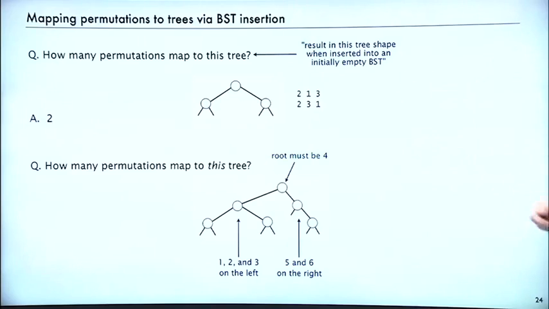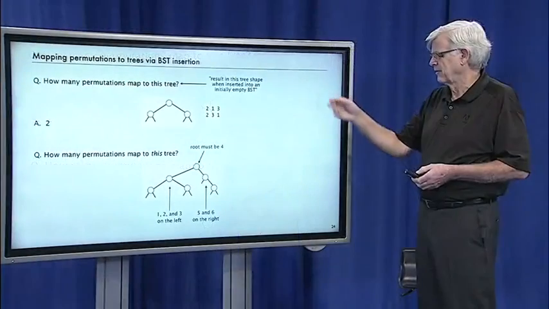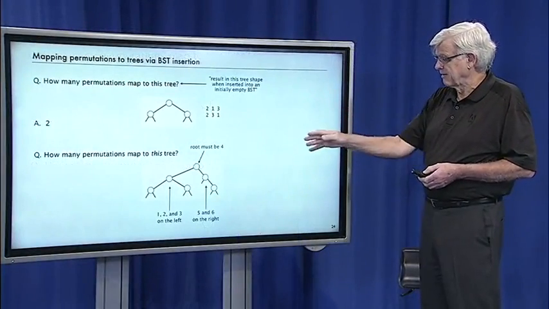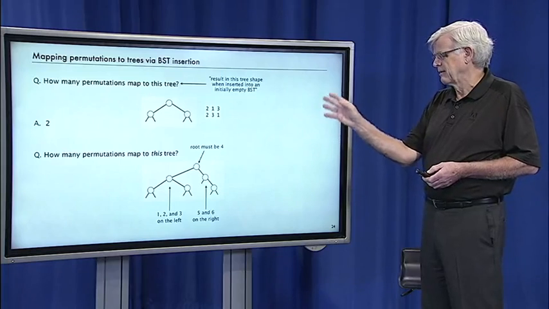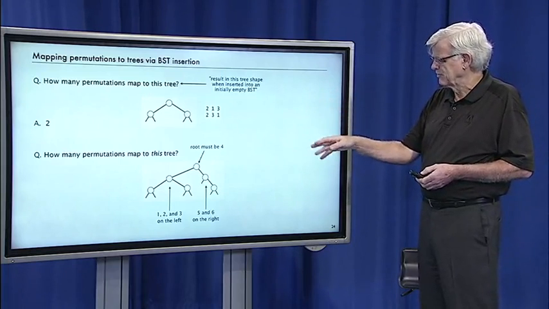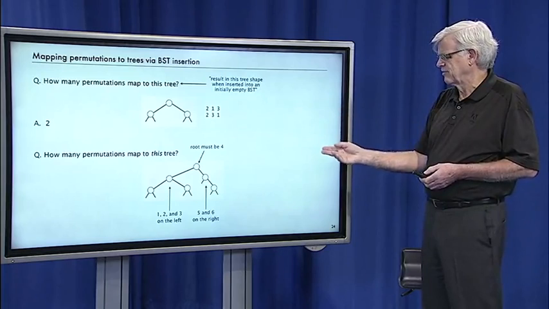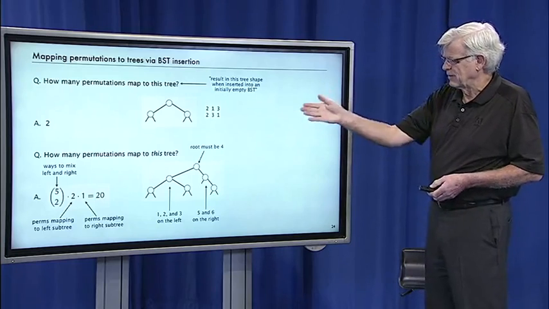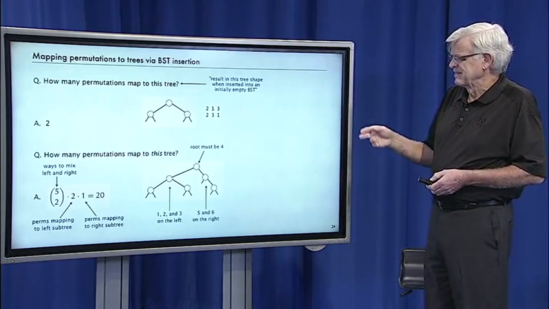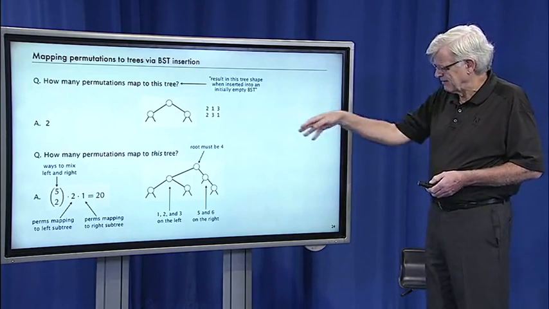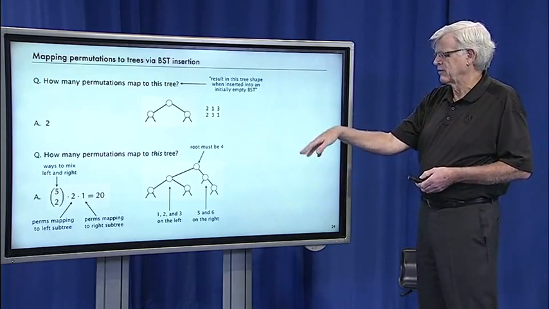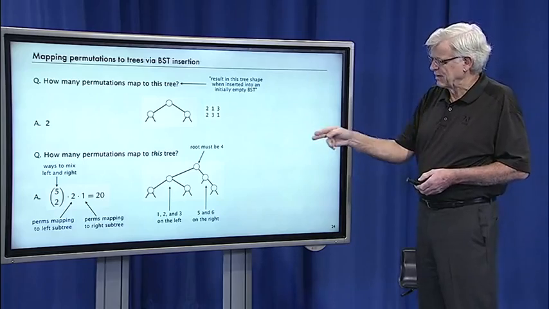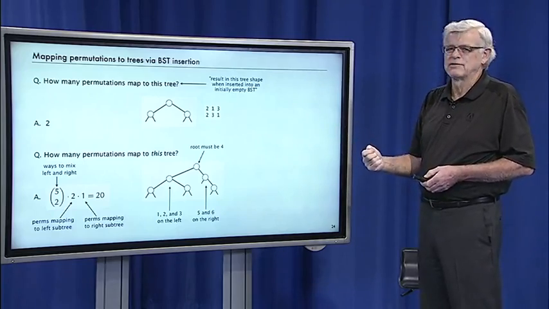And on the left, you have 2 possibilities, either 2, 1, 3 or 2, 3, 1. But the other thing is that those possibilities for 1, 2, 3, and the 5 and 6, can be intermixed any number of ways. So the answer is 20. You've got 5 keys that go on the left and the right, and you can intermix them in 5 choose 2 ways.